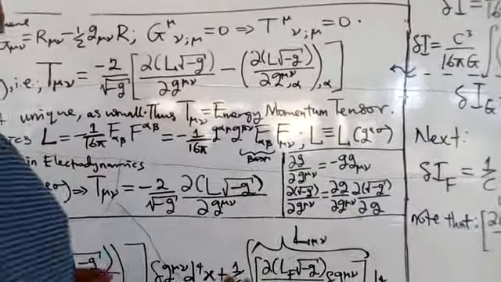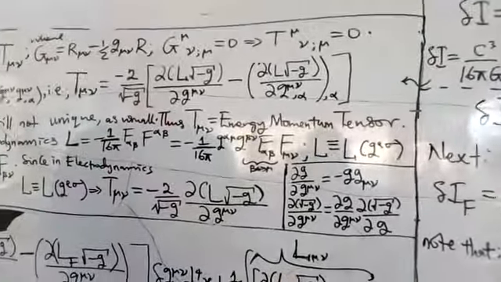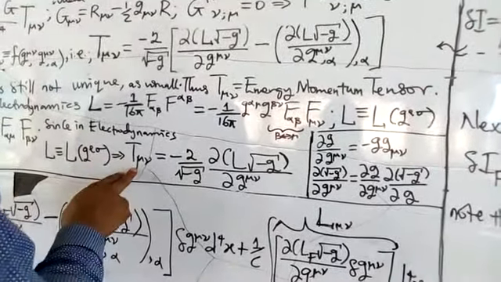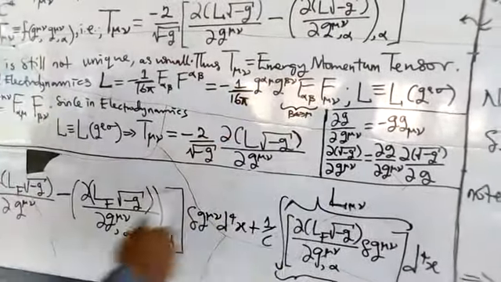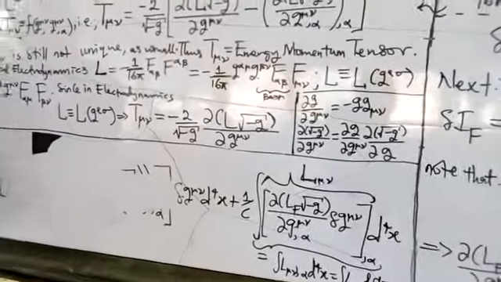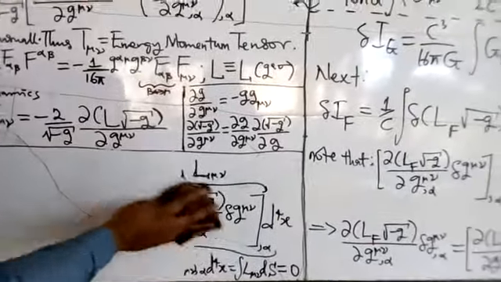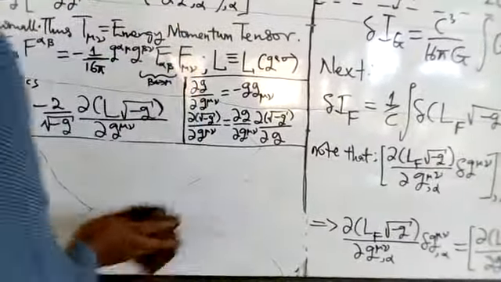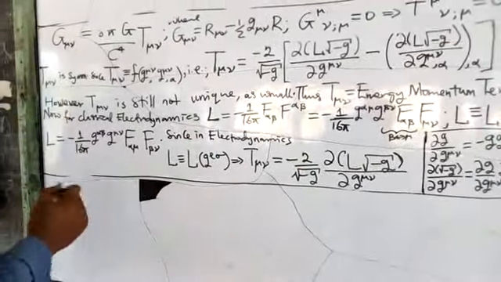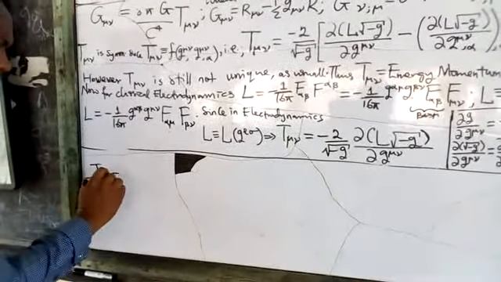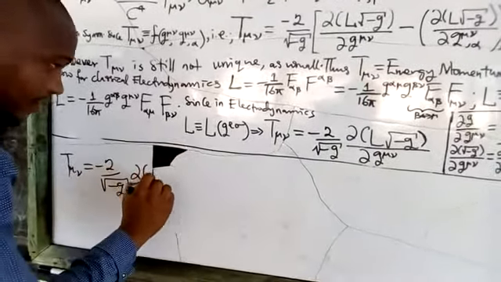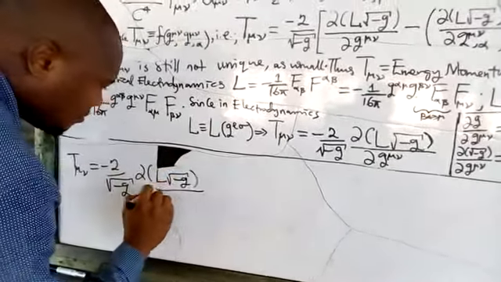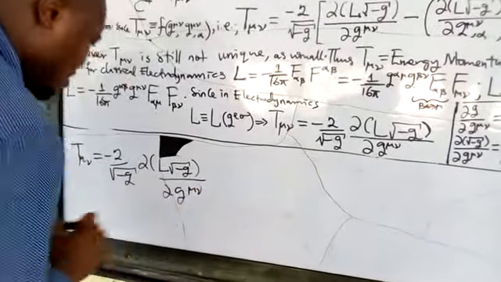But very simply, so far, where I stopped was to say that this, for classical electrodynamics, is equal to that. And having expressed and talked about these objects here, I think it's about time I erase this part. And in fact, very quickly, in this expression, let's see how we can make that a little bit more manageable. This is going to be the derivative of L square root of minus g with respect to g mu nu.